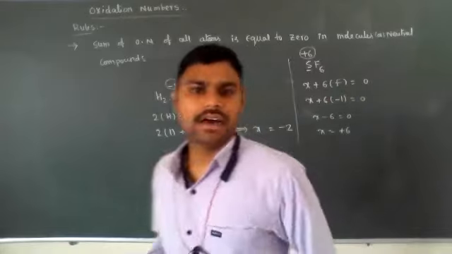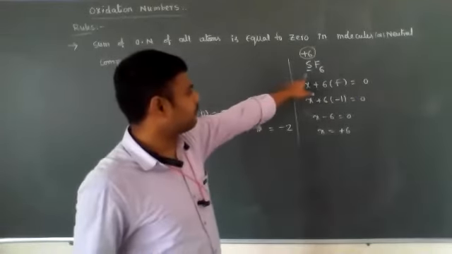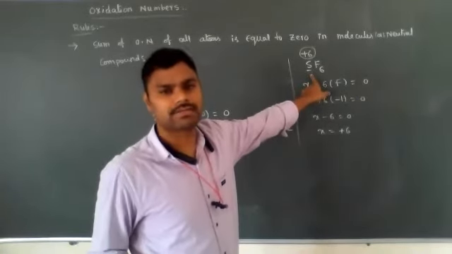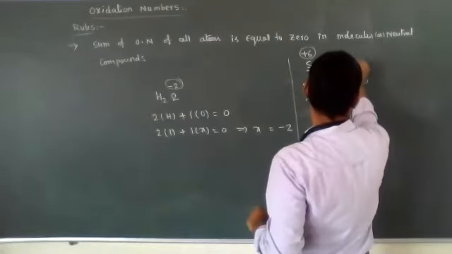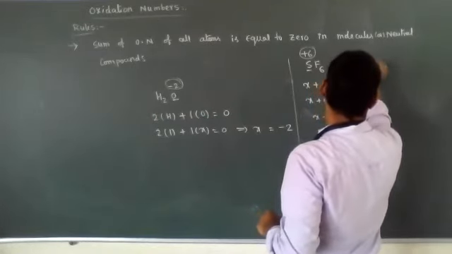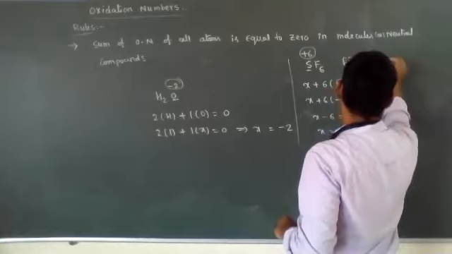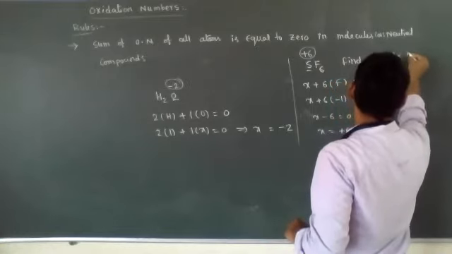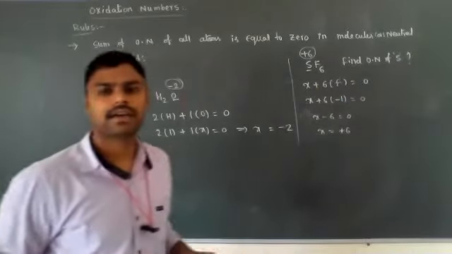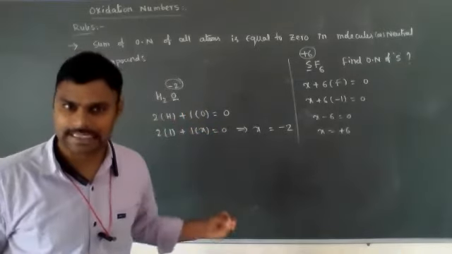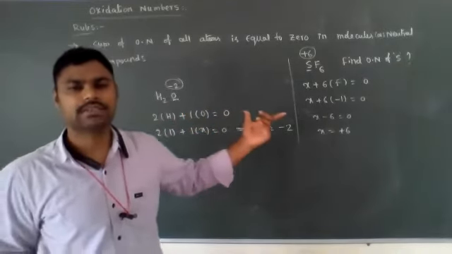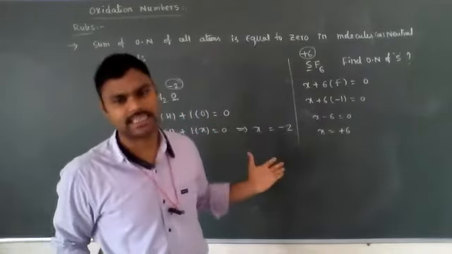So like that, in the examination they will give the SF6 molecule and ask to find the oxidation number of sulfur. Here, the atom whose oxidation number we need to calculate, let it be X. The remaining atoms' oxidation numbers we have already studied in the rules.